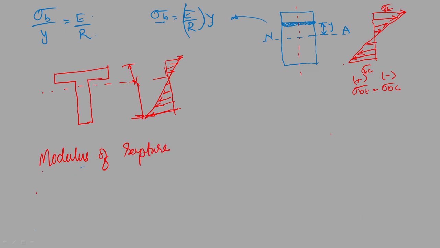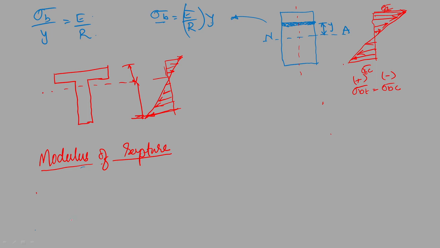So modulus of rupture is a phenomenon when your outer fibers or outer layers are subjected to the plastic region. That means if the proportionality limit of the material is exceeded, then the relation we are getting here, that means you have an exact straight line and a triangular shape here.